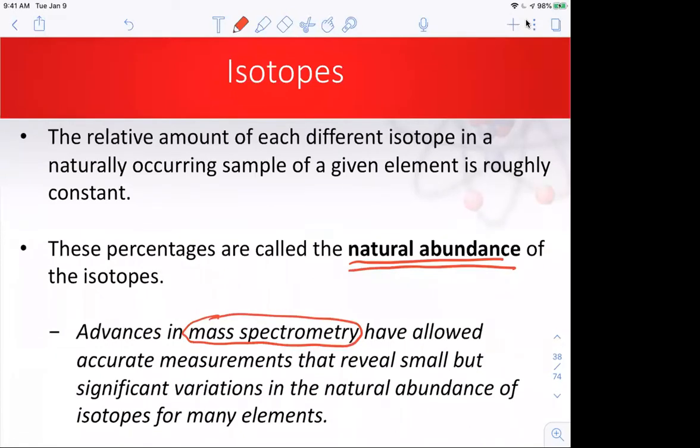Right, so depending on the source, you're going to have small but significant variations in the natural abundance of those isotopes. We're really not going to worry about that in this class.